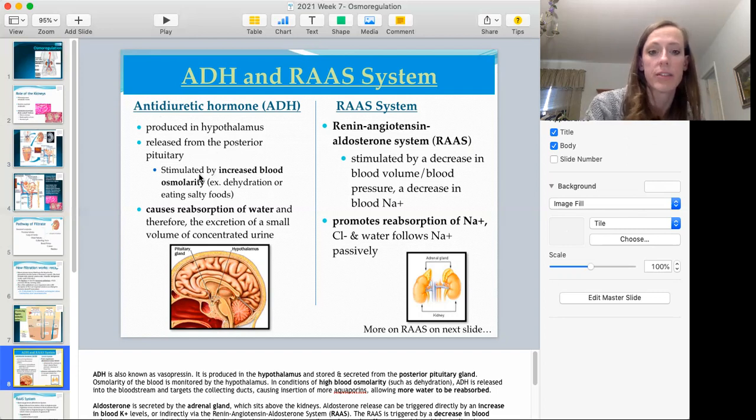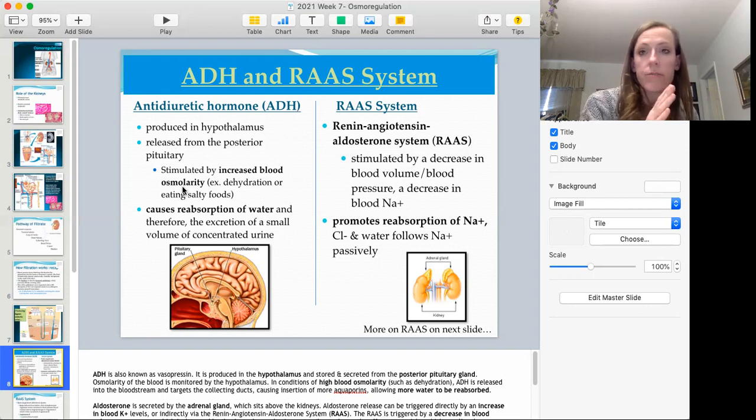And the release of this is stimulated by an increased blood osmolarity. So the body senses that there's been an increase in the osmolarity of the blood, meaning you've got a lot of salts in your blood or you don't have a lot of water in your blood.